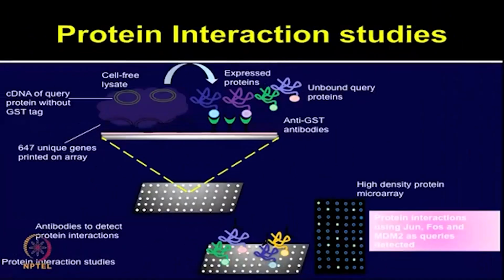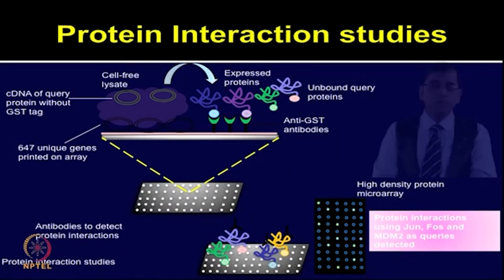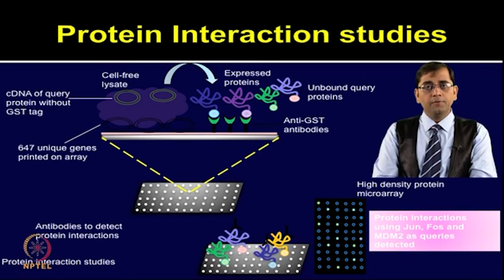Let us now discuss the next case study, high density NAPA array approach for studying well characterized gene pairs, a study by Ramachandran et al. 2008. The previous study which we discussed was more a proof of concept, where a handful of proteins were taken to study the protein-protein interactions, whereas this time authors used high density arrays where thousands of protein features were printed.